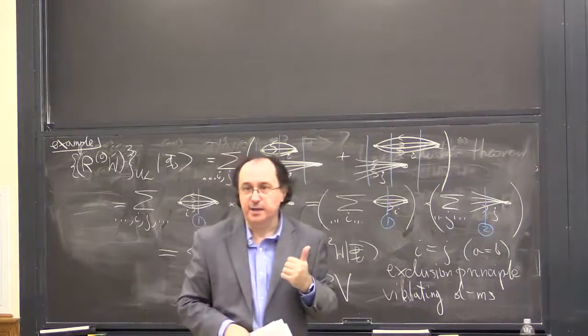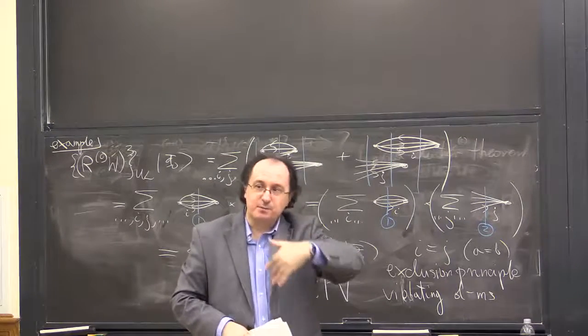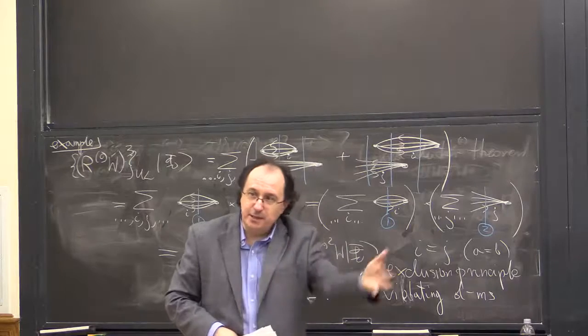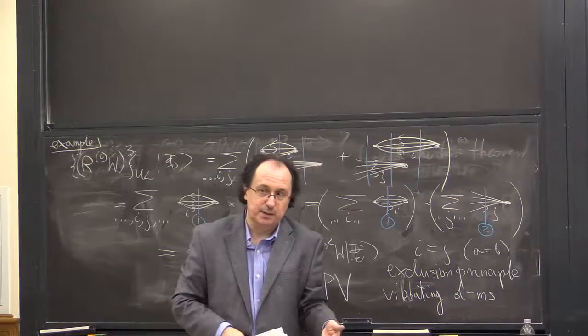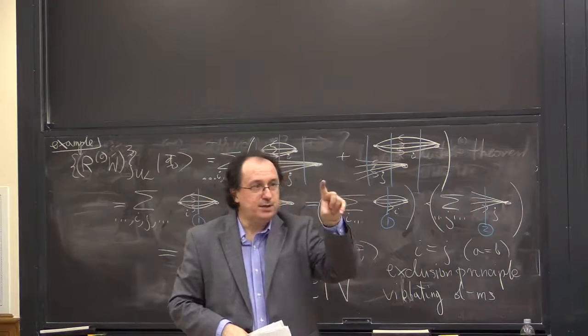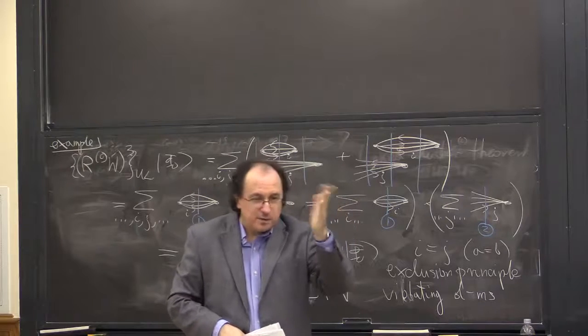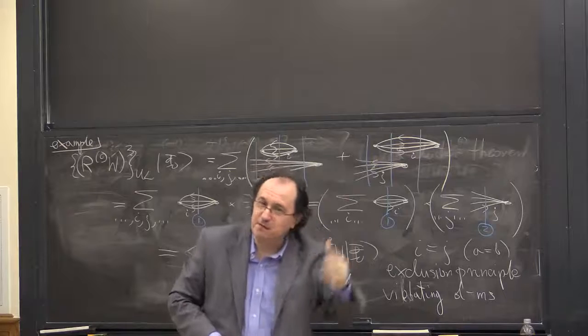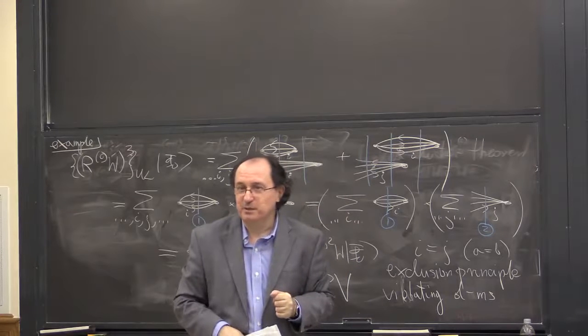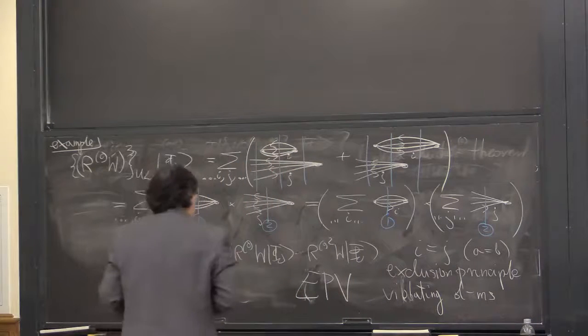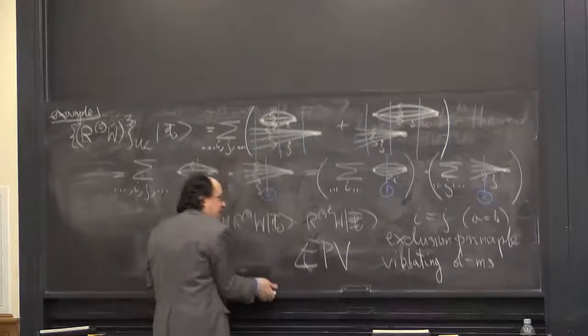We're not violating anything. But because these diagrams look this way, people decided to call them EPV diagrams. Diagrams where indices have the same value, okay? So they kind of create an impression as if we're trying to violate the Pauli principle, okay? Well, let's then try to understand.